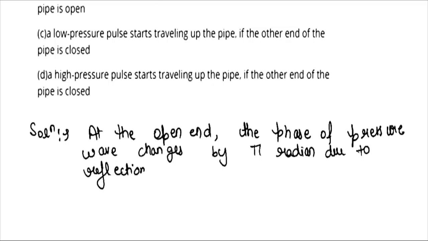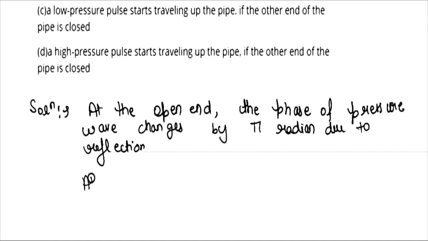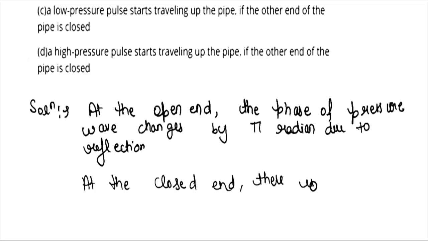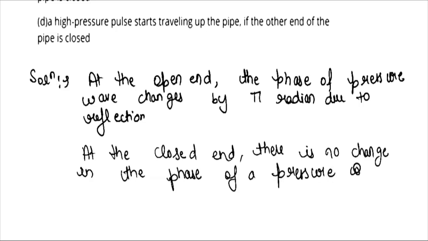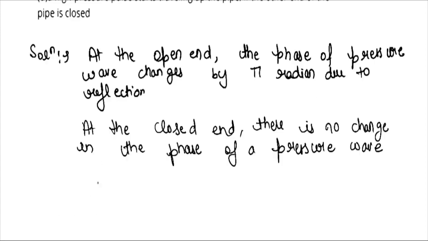And at the closed end, we have two conditions here, for the open and closed. So at the closed end there is no change in the phase of a pressure wave due to reflection.